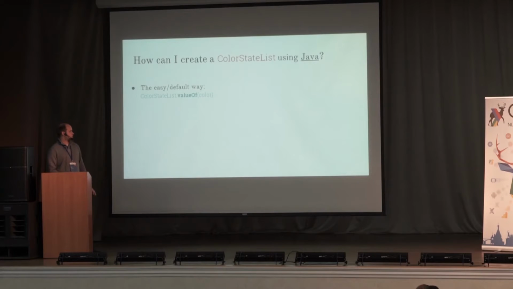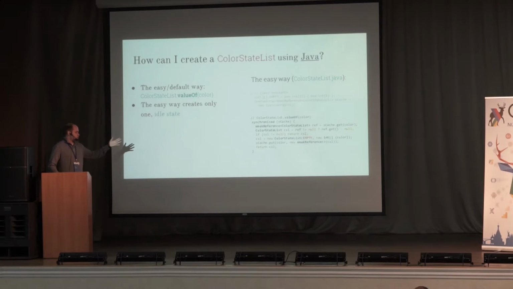And then let's do this quickly using Java. The easy default way to create a color state list, so a list of colors, is to use ColorStateList.valueOf, and you just give it your color. But the problem with this easy way is that it only creates the idle state, and this is the source. It's in ColorStateList.java, in the Android source.